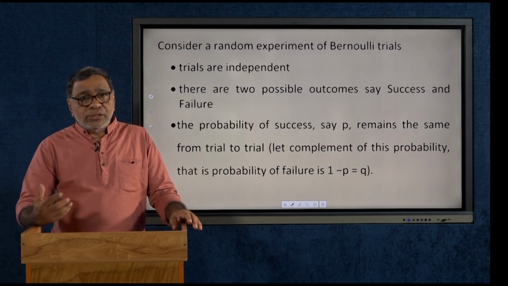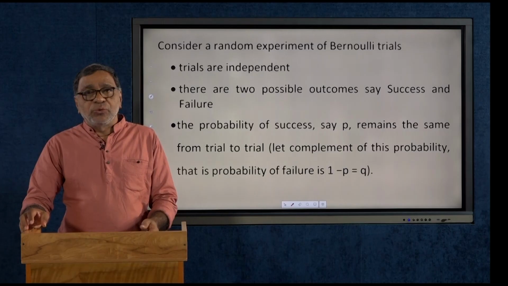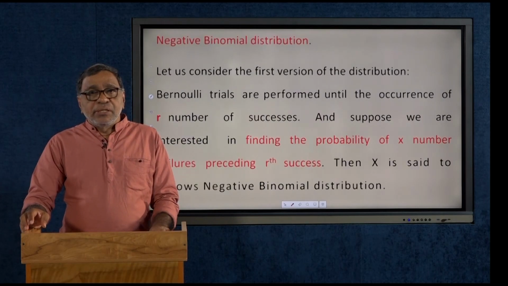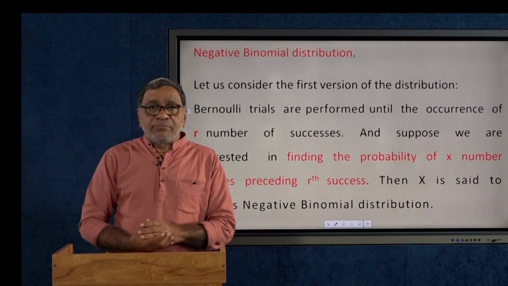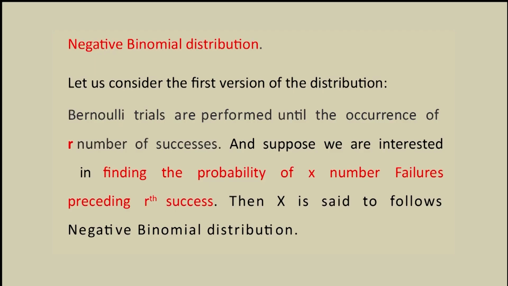And in the case of negative binomial distribution, we are considering a sequence of Bernoulli trials that are performed until the occurrence of r number of successes. In the case of geometric distribution, we are performing Bernoulli trials until a success is obtained.